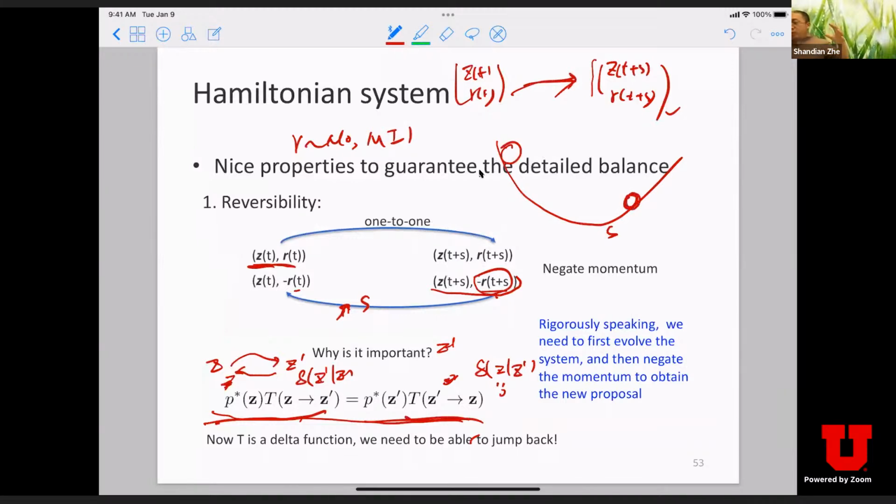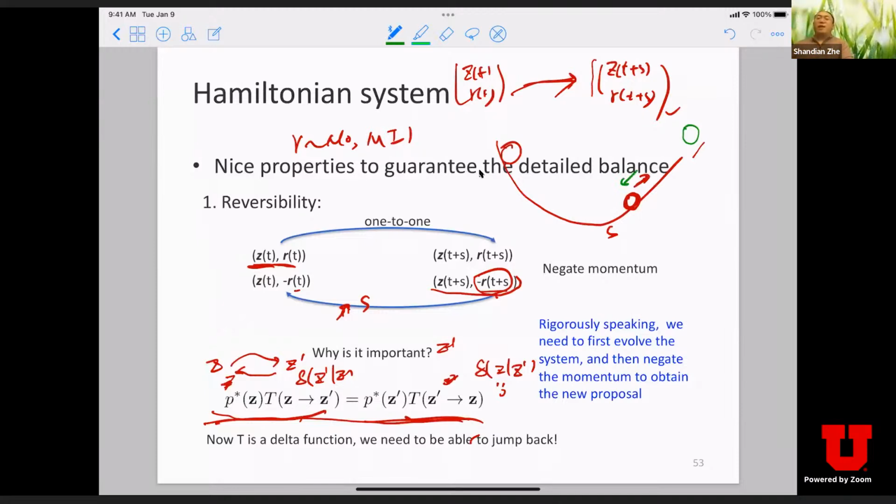because we want to ensure that you pick a state that you can go back to the original state, to here, this is where the direction of your momentum matters. If you do not negate it, if you keep this ball evolving, it won't go back here. It'll go to another side. So if you want the system to go back, you have to negate the momentum.